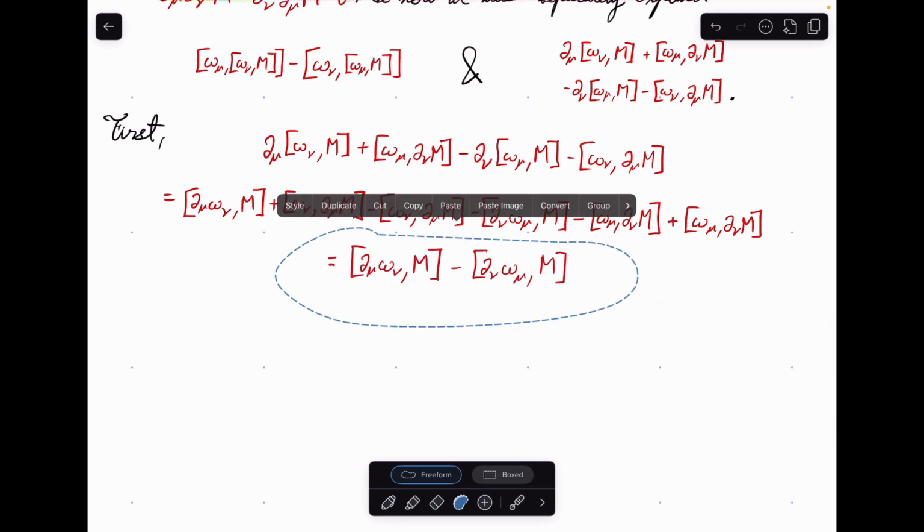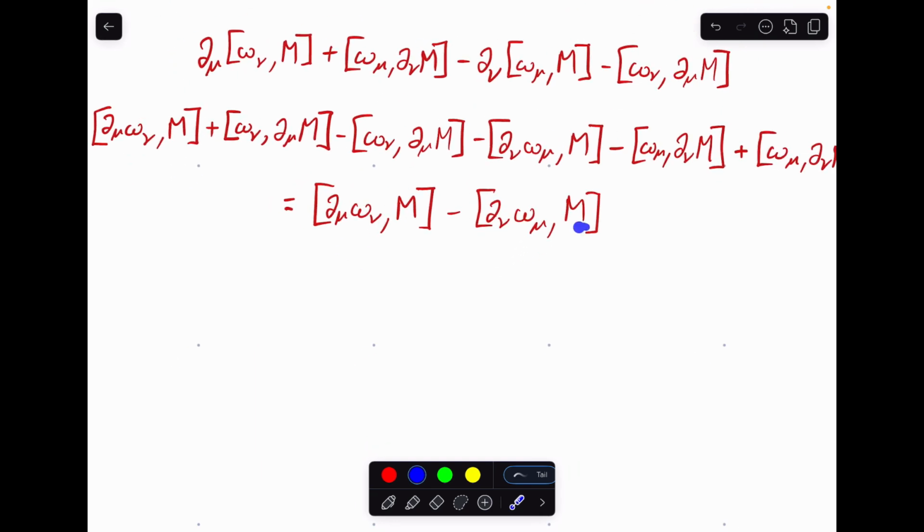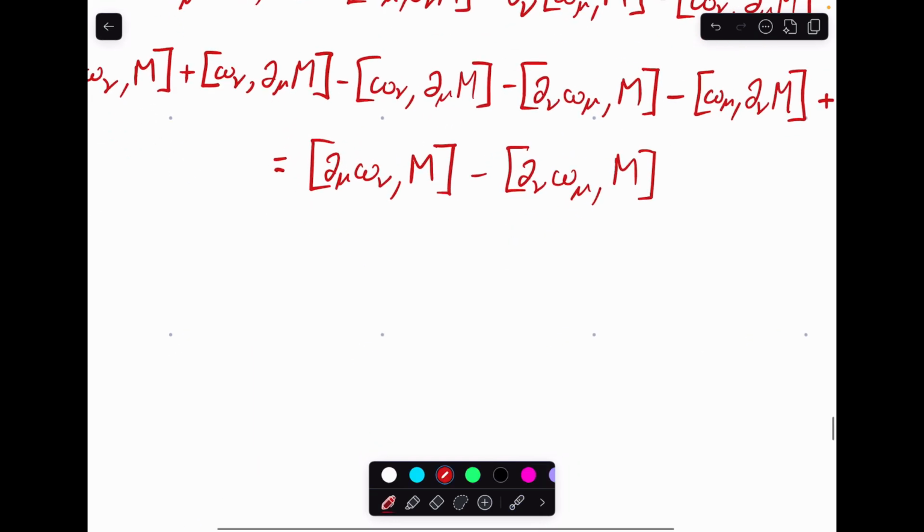However, the commutator product is distributive, and so we can combine this into a single commutator. That's going to be d mu omega nu minus d nu omega mu, commuting with m.